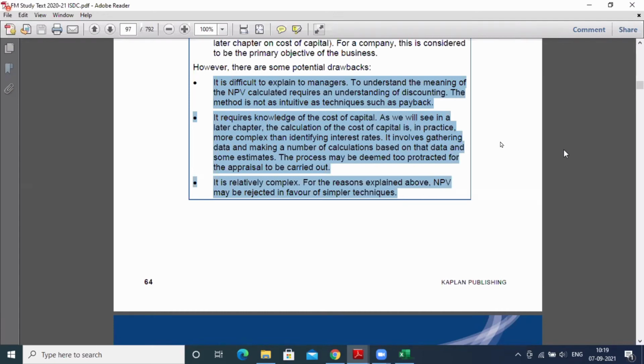So it is very difficult for a finance manager to communicate all these things to the decision maker, and it is relatively complex. So for the reasons explained above, NPV may be rejected in favor of a simpler technique, because if you consider the complexity in calculation, it is very difficult to calculate NPV compared with the previous two methods like payback and ROC. So these are certain drawbacks.